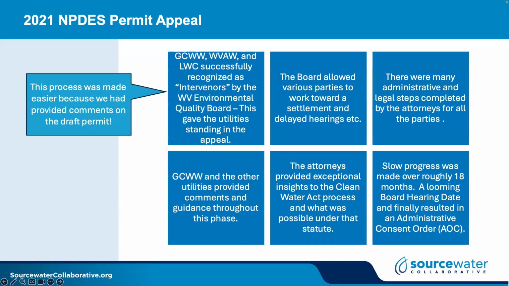So as that permit became finalized, there were some changes from the draft to the final. We found out in that process that the company had provided their own comments, and as you might imagine, they were looking for changes in the other direction. The regulators used the fact that we had commented as the basis for denying some of those requested changes, which was gratifying to see.